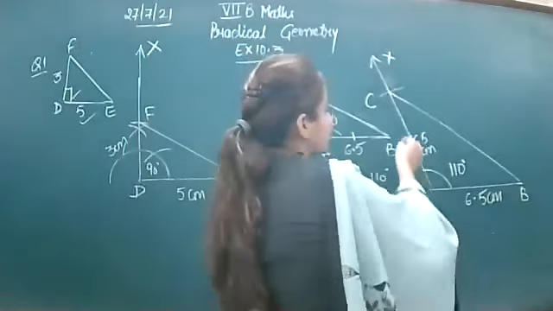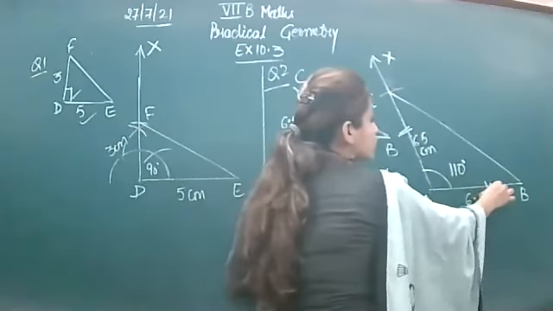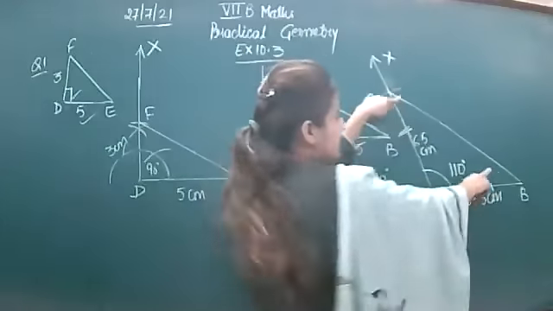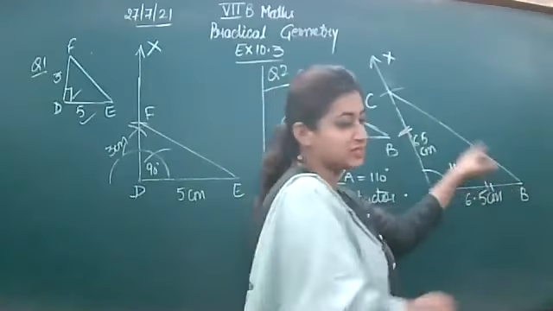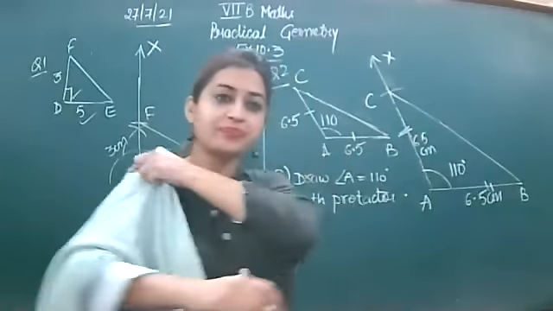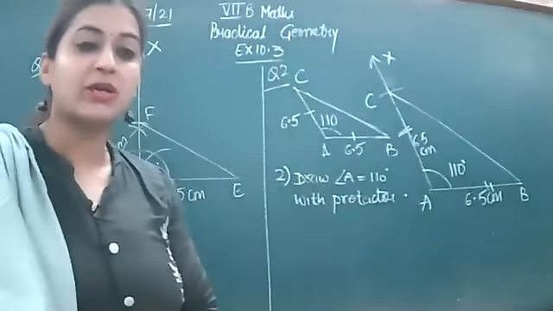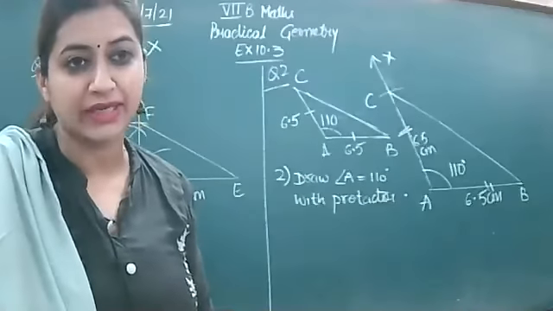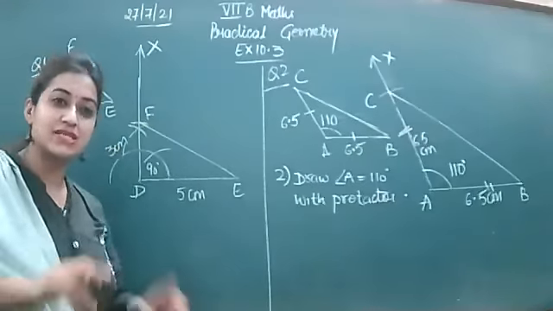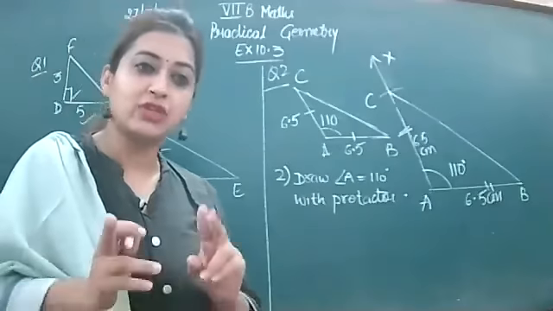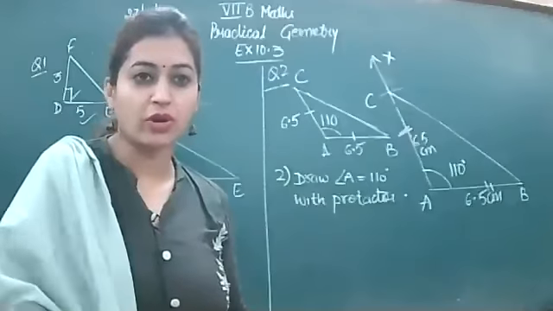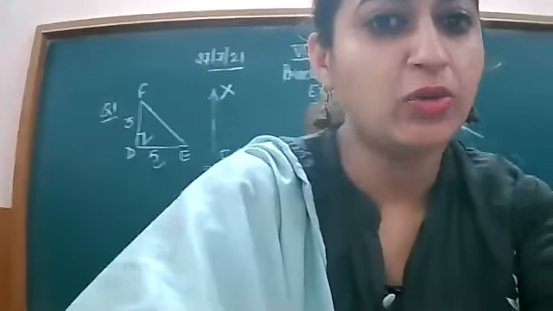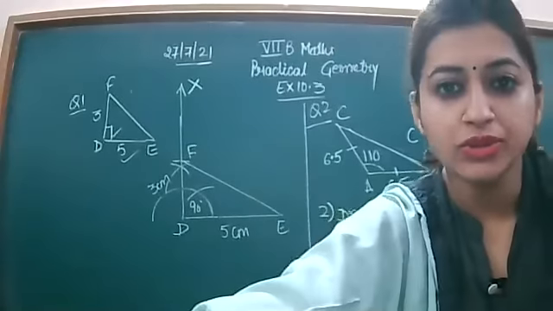If these two sides are equal, can you tell me which two angles are also equal? The angle opposite to this side and the angle opposite to this side. So angle B and C are also equal, because the angles opposite to equal sides are equal. If the sides are equal, angles are equal. If the two angles are equal, then the opposite sides must be equal. Got it? Is it okay? Any doubt?